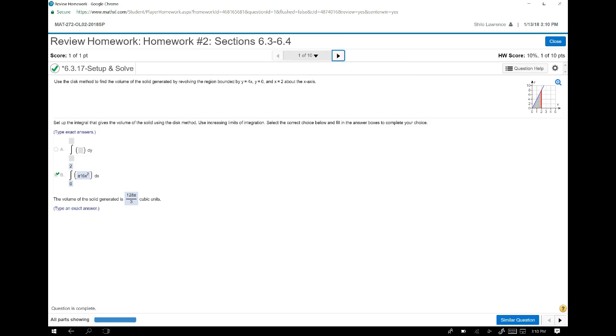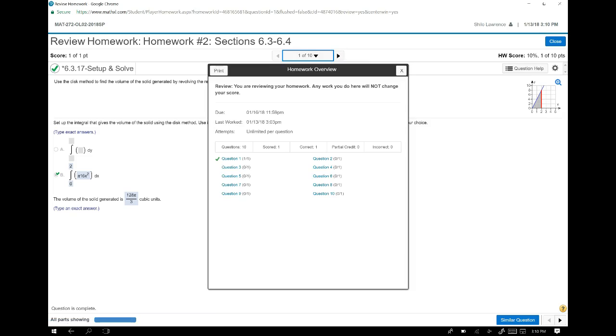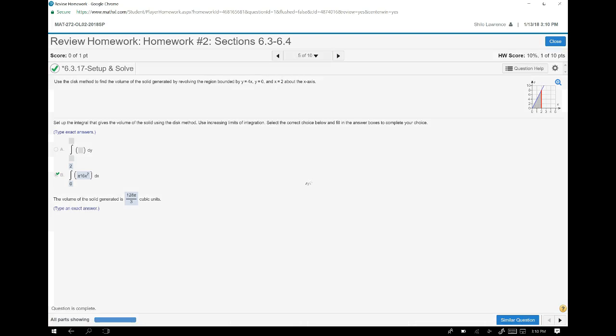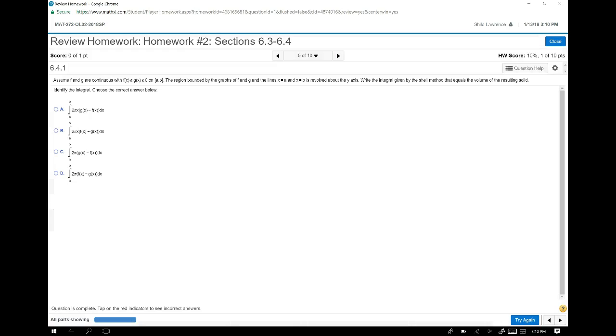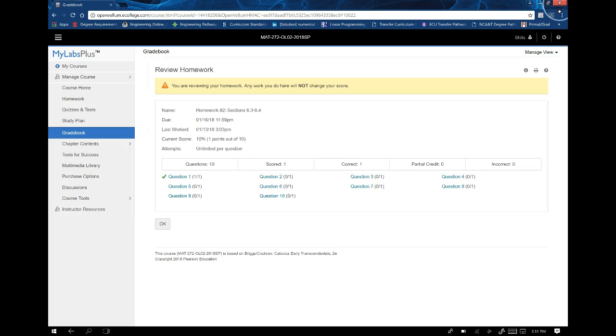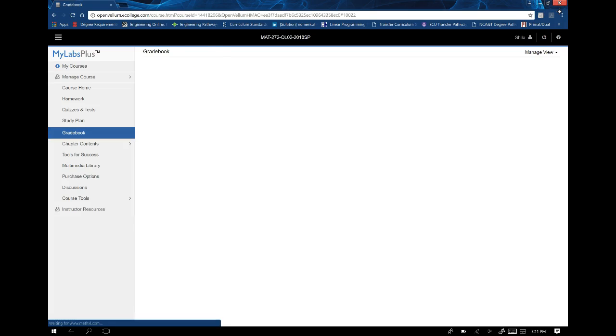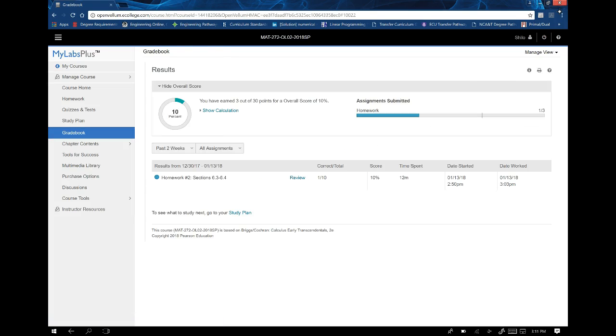So if there's anything you didn't understand in homework number 1, you can still go back to it and hit try again or similar exercise and keep working on those problems, especially before test time. You can go back into your homework assignments from the grade book and hit review and try some more of those problems.